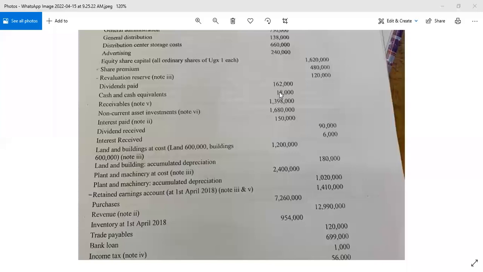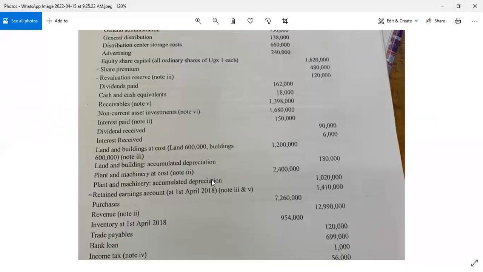Then building is still 600,000. You're looking at cost. Then you have a plant. The cost is 2.4.